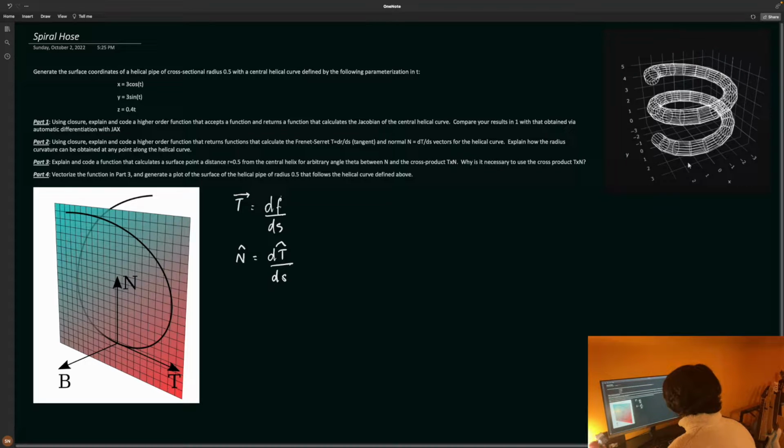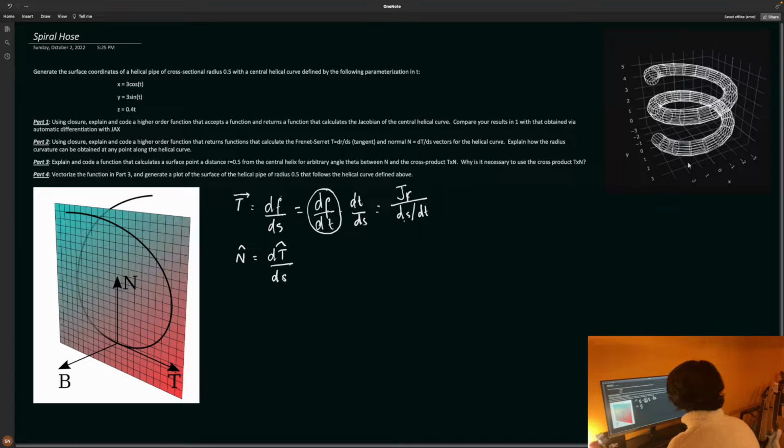So, in terms of the tangent formula, using the chain rule, we can write this as the derivative of the curve function with respect to time times dt over ds. We've already learned that this particular expression is just the Jacobian of the curve function. So we can write this as the Jacobian of the function f divided by the derivative of arc length with respect to time.